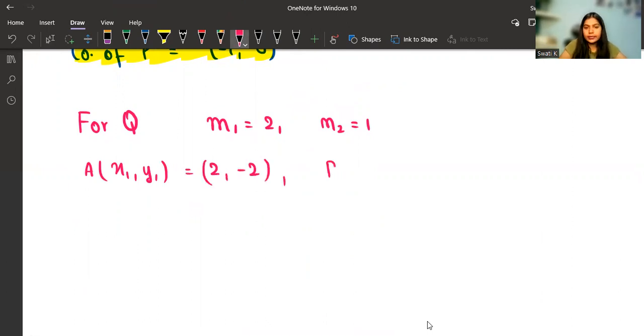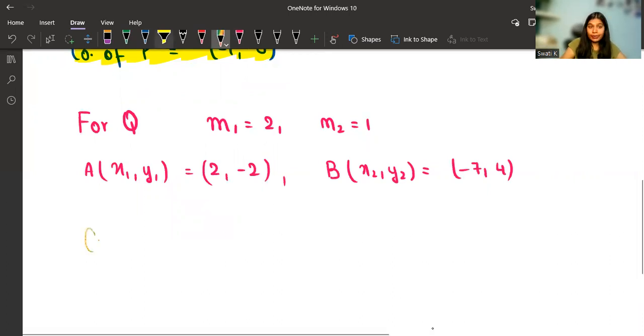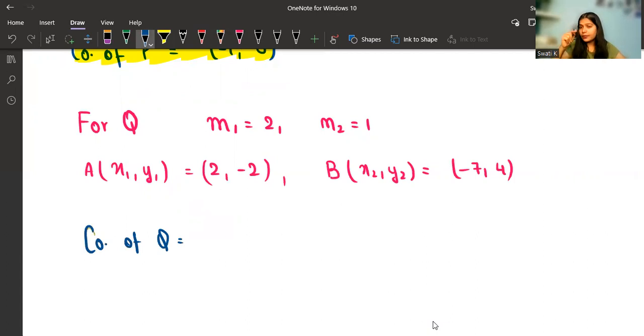And the next one is B, which is X2, comma Y2, and that coordinate was given as minus 7, comma 4. All right. Of course, we are going to use the same formula to find out the coordinate of Q. The formula is the same. I'm directly writing down the values.